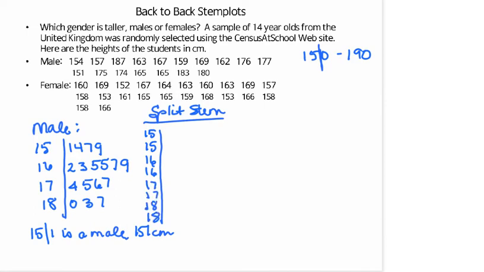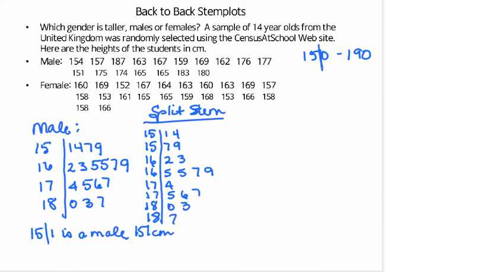The leaves will be 0 through 4 for the first stem, and 5 through 9 for the second stem. So this would look like this: 1, 4, 7, 9, 2, 3, 5, 5, 7, 9, 4, 5, 6, 7, 0, 3, and 7.